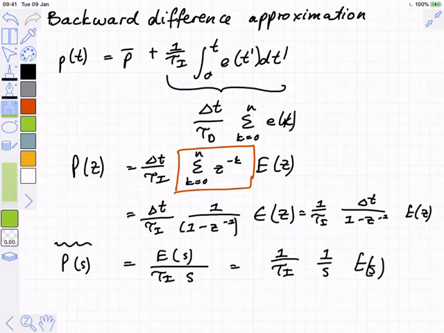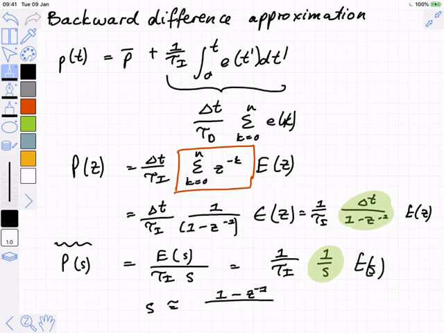So if we compare these terms, the parts that are in common, it would appear as though we can make this kind of substitution, which says that s is approximately equal to 1 minus z minus 1, over delta T.